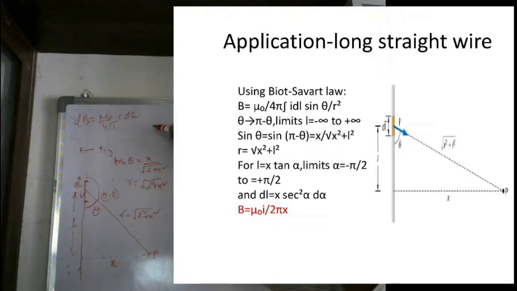Sin theta means x by under root of L square plus x square. Next, what is your r square?